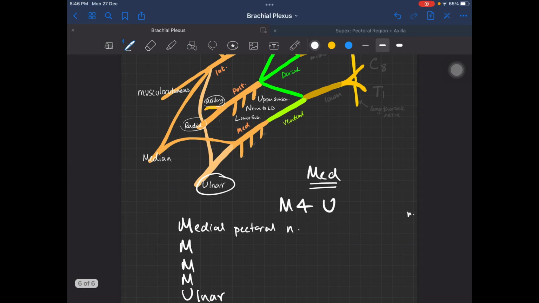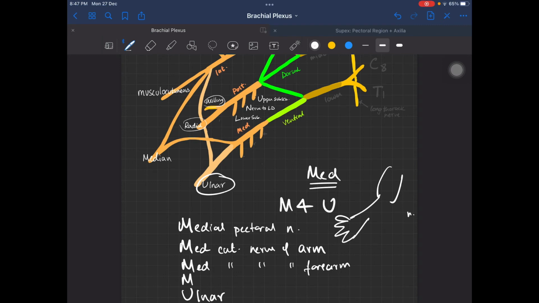Second M is the medial cutaneous nerve of arm. Third M is the medial cutaneous nerve of forearm. So if this is the arm and elbow, very bad diagram, this is the arm, this is the forearm, this is the hand.